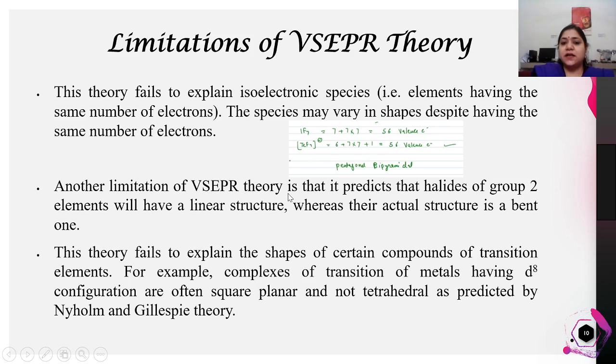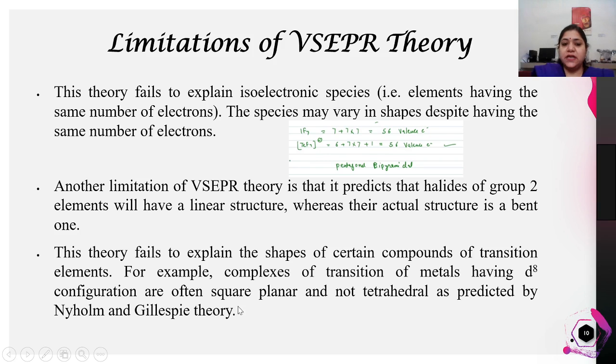Another limitation is that this theory fails to predict the structure of halides of group 2 elements, which are predicted to have a linear structure, whereas the actual structure is bent. According to the theory, it should be linear, but actually it is not linear, it is bent. This theory also fails to explain the shape of certain complexes.